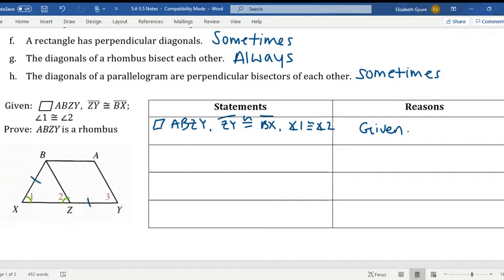No. So we need to show that all 4 sides are congruent. In order to do that, take a look at what you're given. We're given some congruent sides and some congruent angles. How could these things help us? Any ideas at all? Logan?